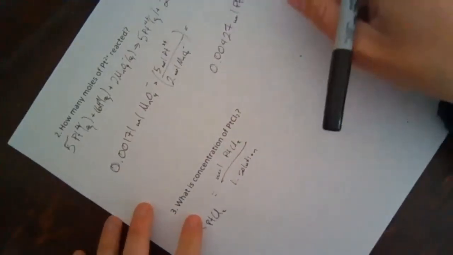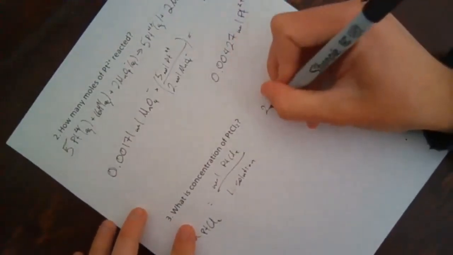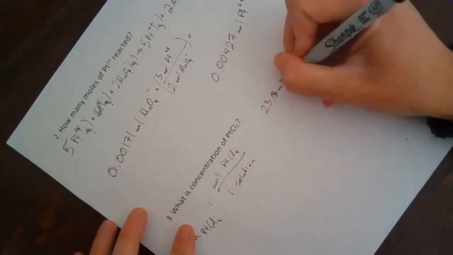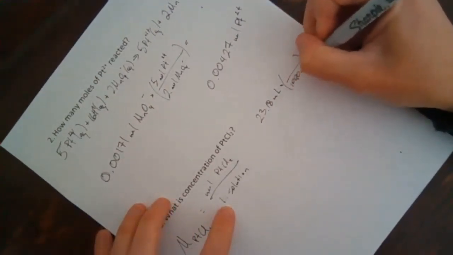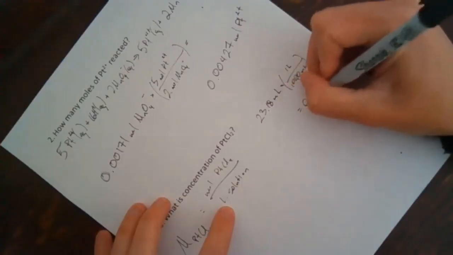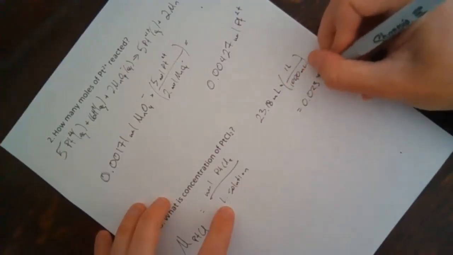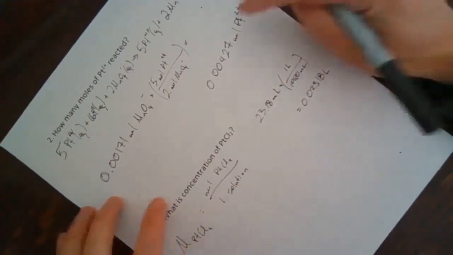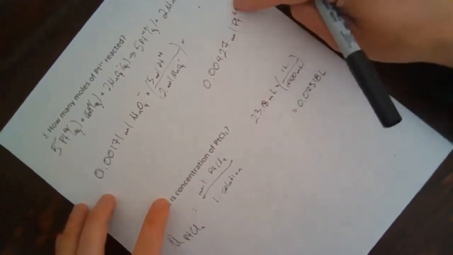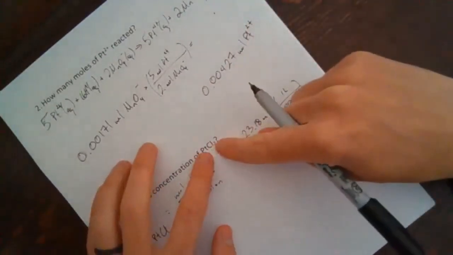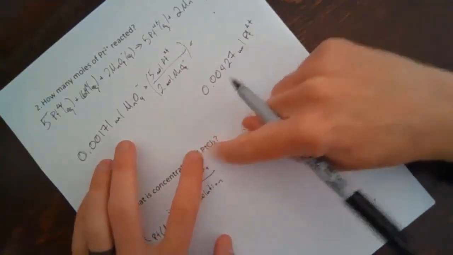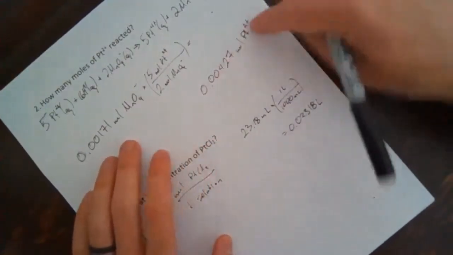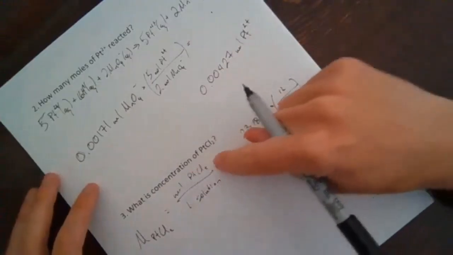A couple things that we need to deal with. It was 23.18 milliliters, so I'm going to need to turn that into liters: 0.02318 liters. The other thing is that it's platinum 2 chloride, but just like we saw previously, this is a soluble salt. The chlorides just dissolve away. You have 1 platinum in the formula unit, so the moles of platinum 2 plus is equal to the moles of the platinum 2 chloride.